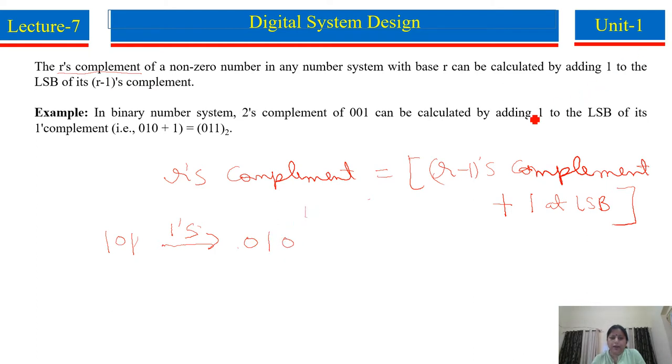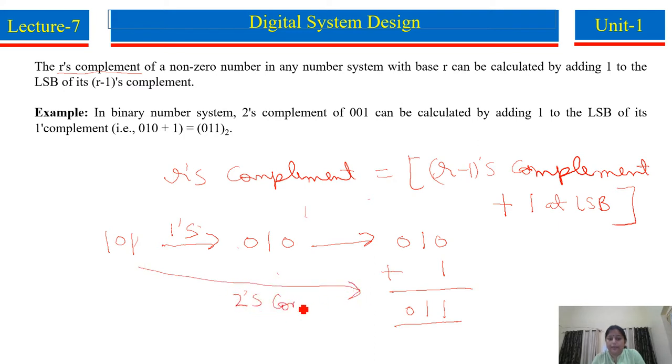Now I want to calculate the 2's complement of this number. So for calculating the 2's complement, you simply add 1 at the LSB location. So 110. This is the 2's complement of the number.